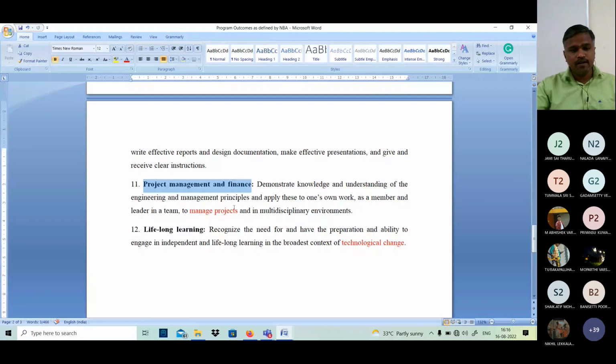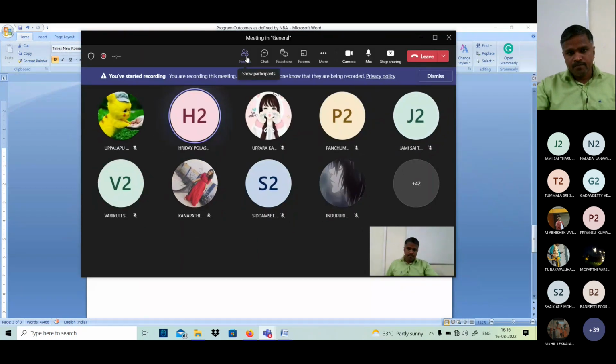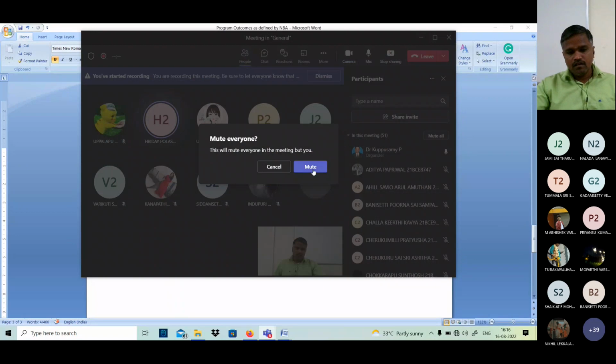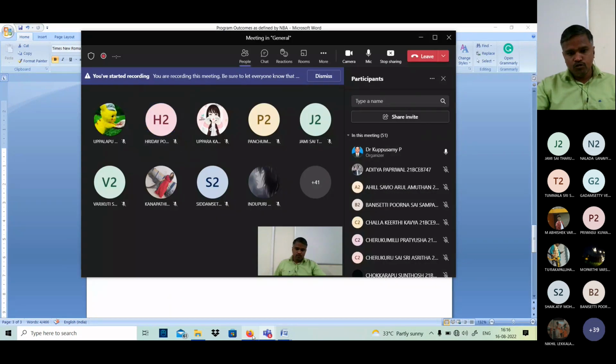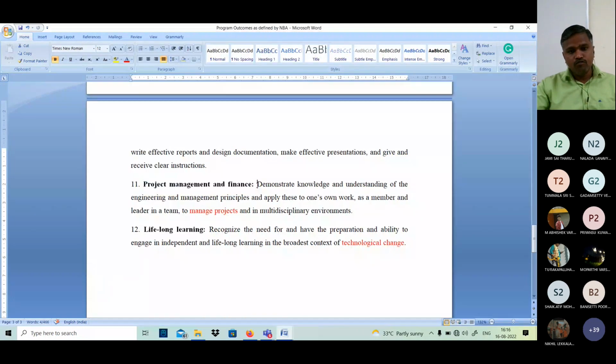Project management and finance. This is also an important one. When you are developing the products, you should be able to manage the amount.